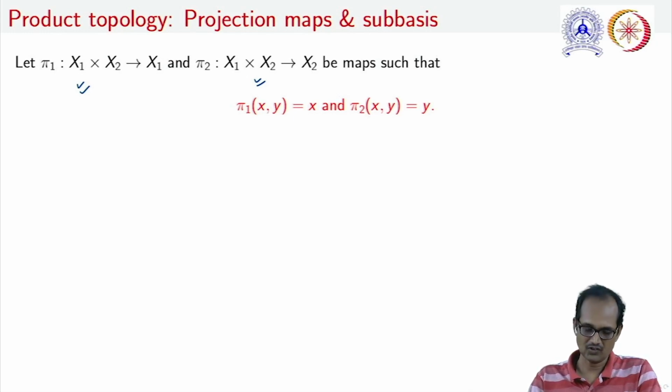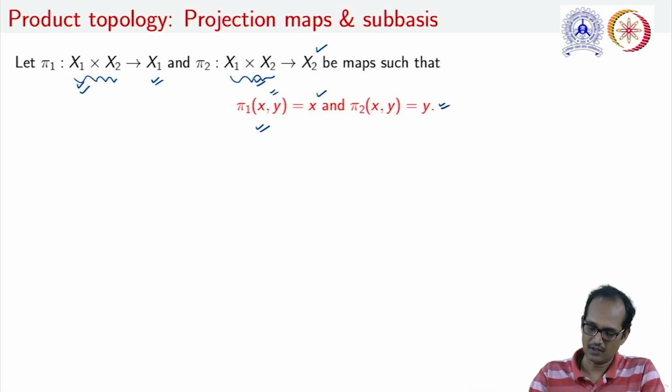From the definition, it is clear that pi1 is a map from X1 cross X2 to X1, and pi2 is also a map from X1 cross X2 to X2, and these maps are defined like pi1 of (x, y) sends each ordered pair to x, that is in the first component X1, and pi2 of (x, y) is equal to y. From the definitions, we have some observations. The first one is that both the maps, that is pi1 and pi2, are surjective maps.